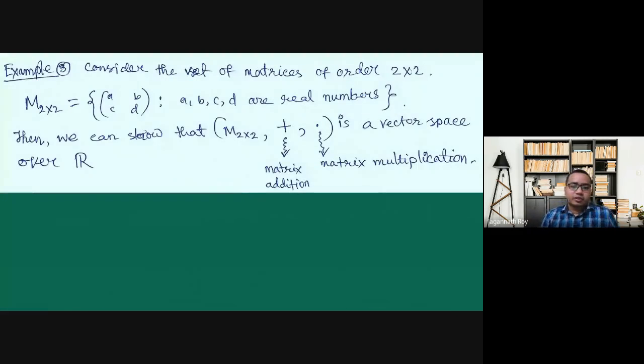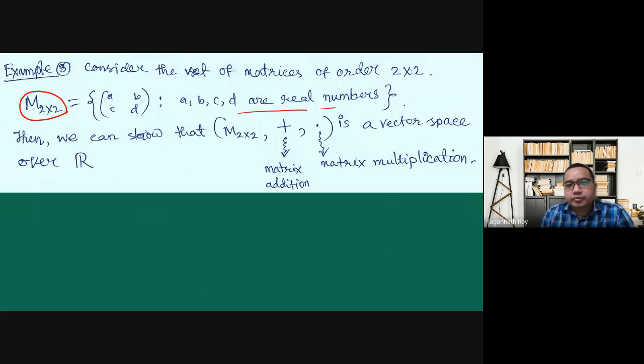This is a very special example of a vector space. We are considering the vector space M 2 by 2, the collection of all 2 by 2 matrices.